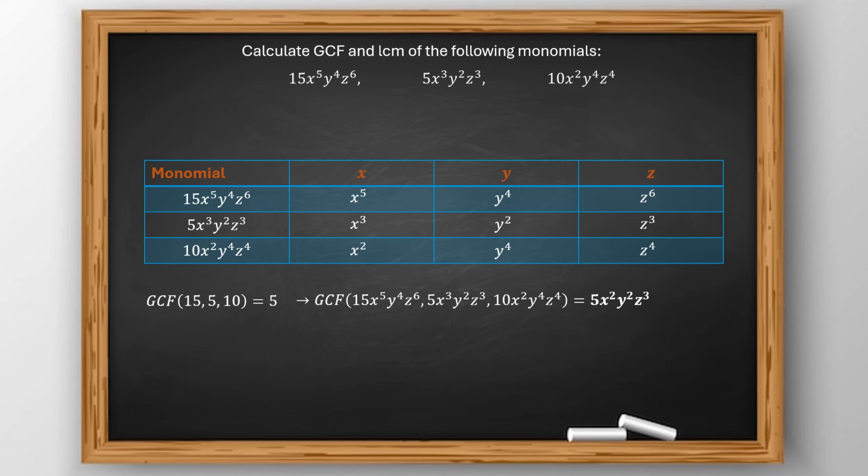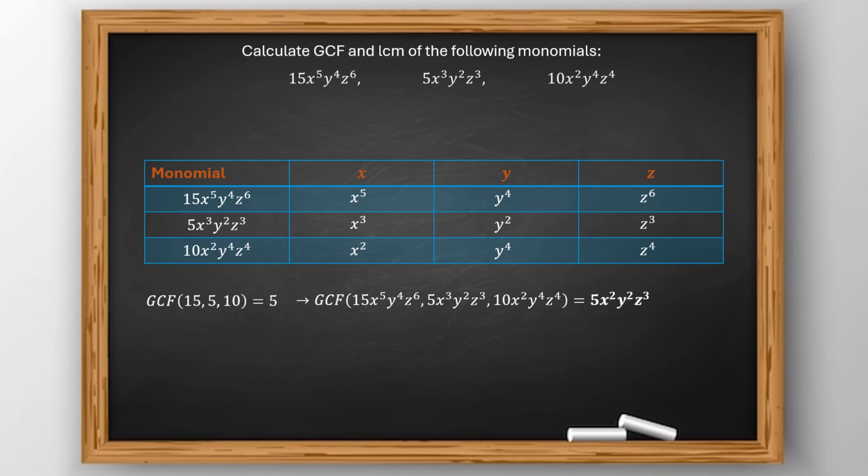Remember that when we talk about GCF, it's like if you divide this monomial by any of the original monomials, you will get another monomial. Okay, this is the main thing. So if you do 15x to the 5th, y to the 4th, z to the 6th divided by 5x squared and so on, okay, you will get a monomial.